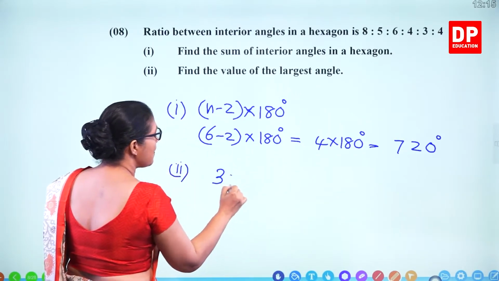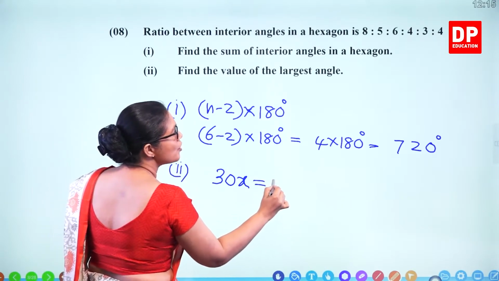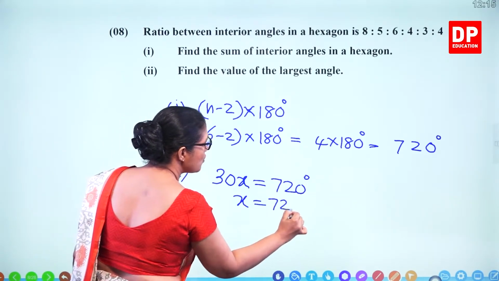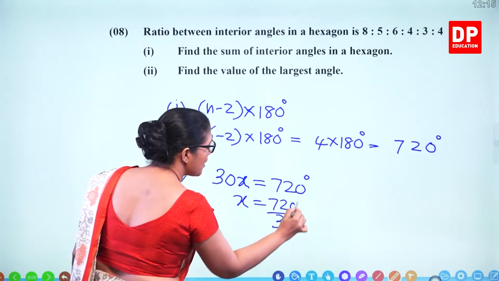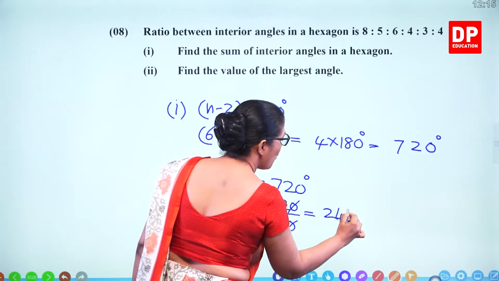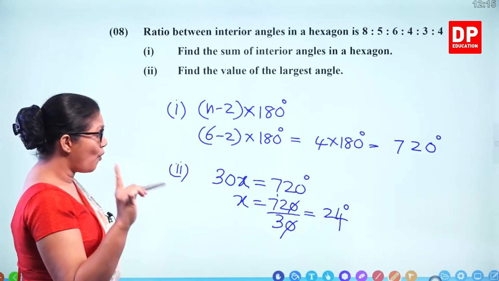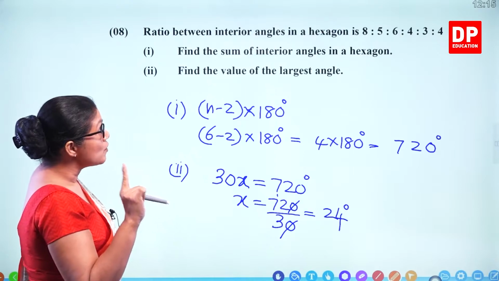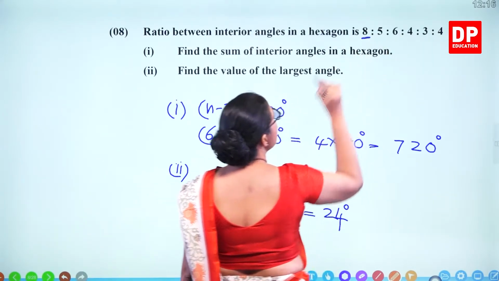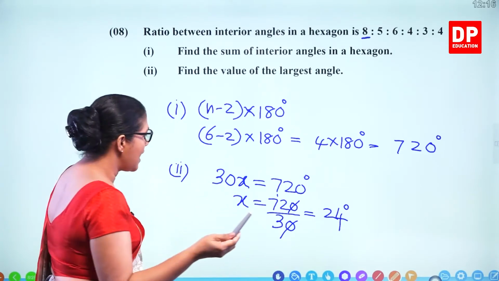So that means 30x is equal to 720 degrees. x becomes 720 divided by 30. x angle is 24. That means what's this largest one? Largest number here is 8. That means 8x is the largest value.